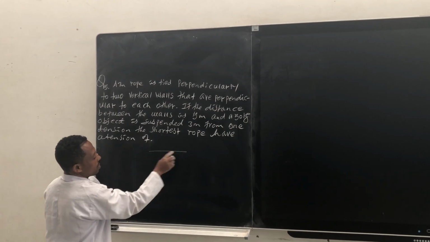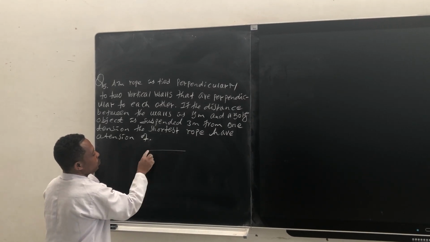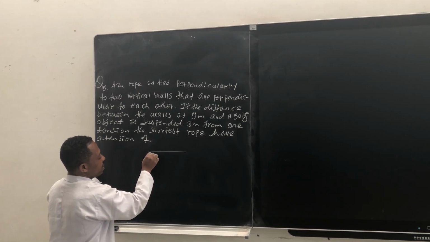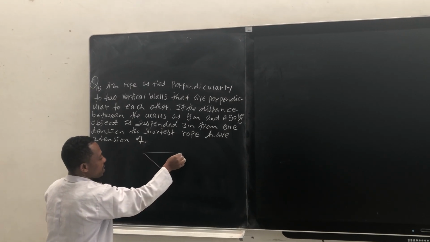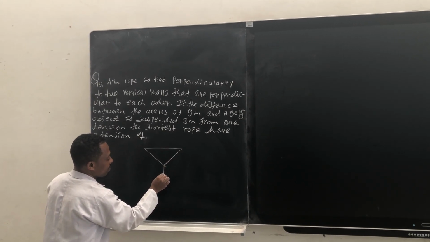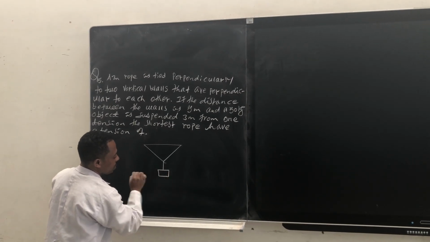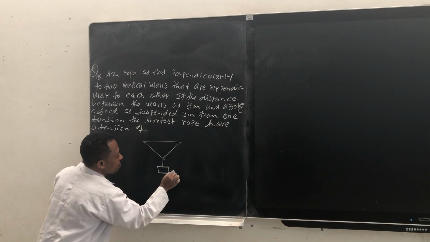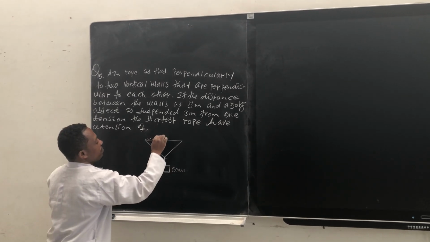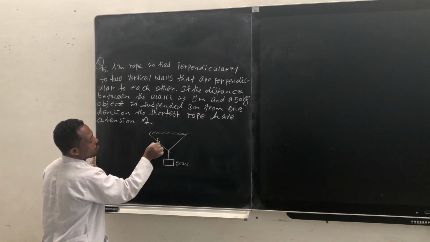These are the points, or the distance between the two perpendicular walls. The weight is 500 Newton, or 50 kilogram. And let this be tension 1.